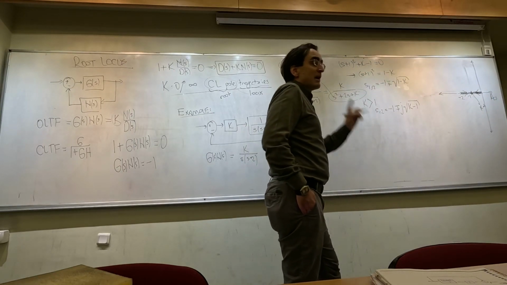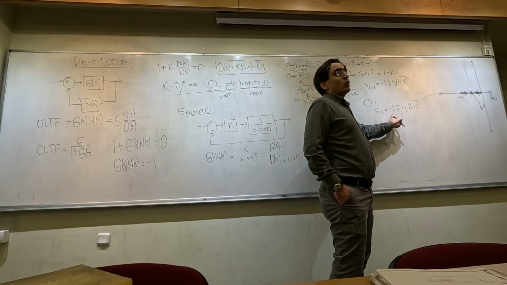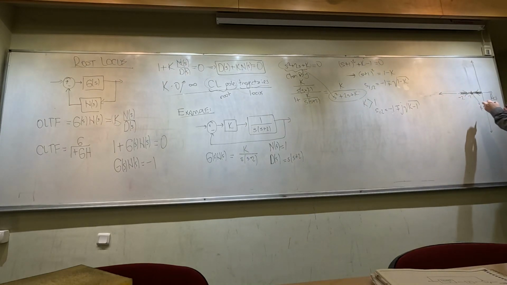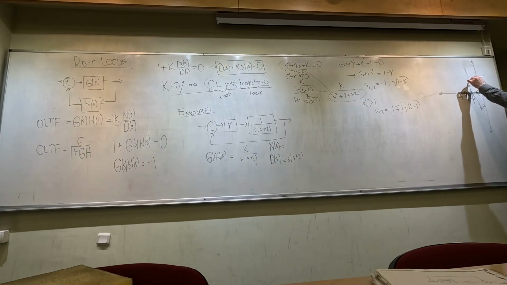In that case, we are going to start getting complex numbers as our roots, as our closed loop poles. So as I increase k further, we're going to get a motion for the trajectories looking like this. We start observing the complex poles, and as I increase k, the imaginary parts of these complex poles will get larger and larger in magnitude.